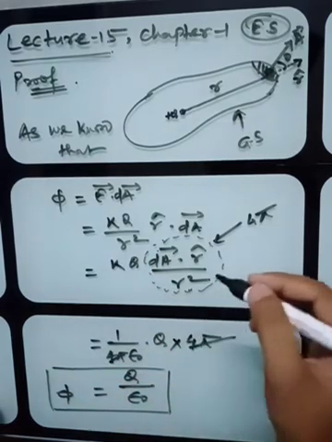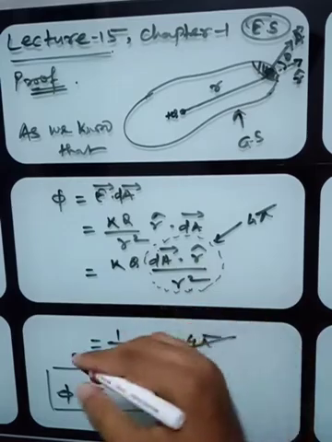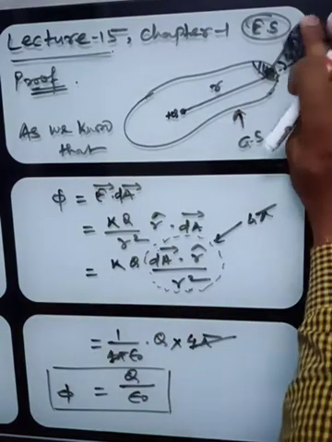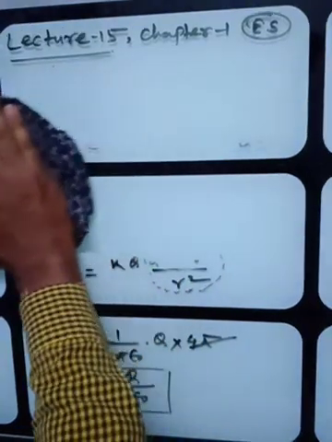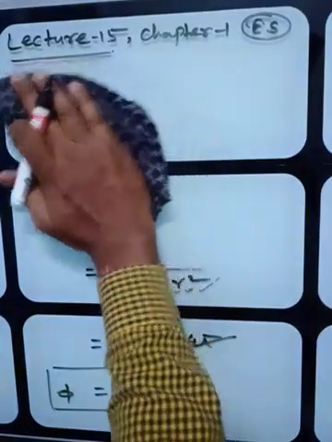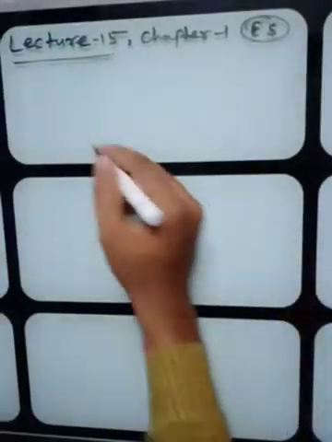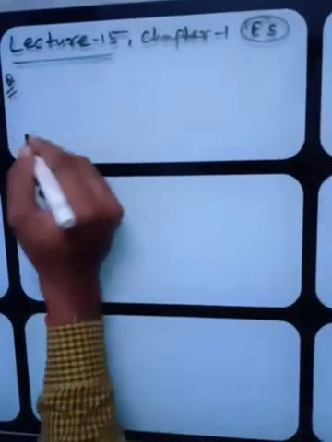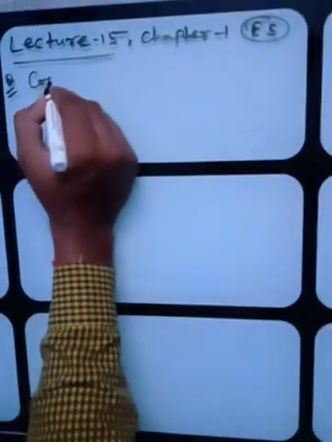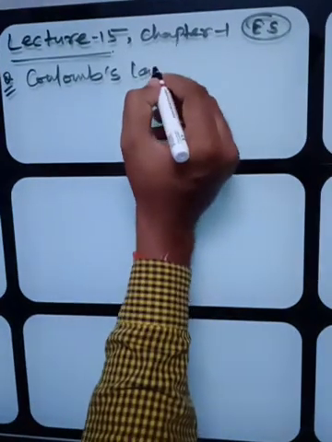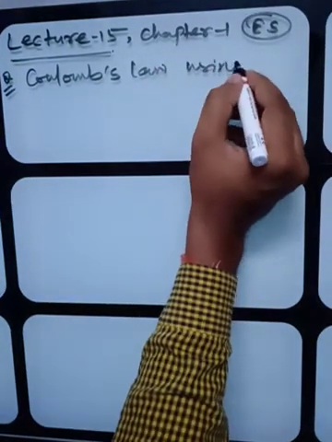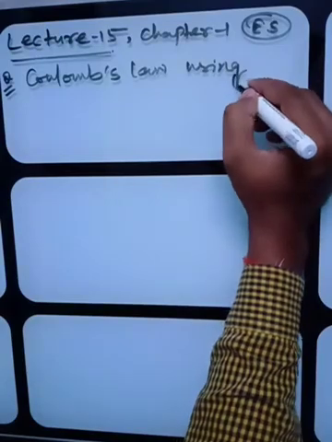The next question in your exam, you might be asked, student, to prove Coulomb's law using this Gauss law. How will you prove it? So the next question for your board exam: Coulomb's law using Gauss law.